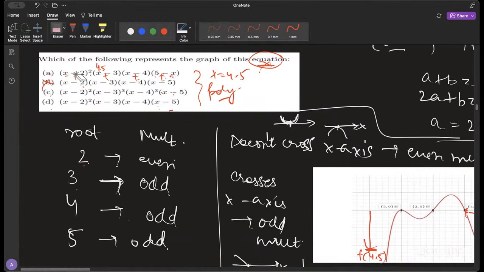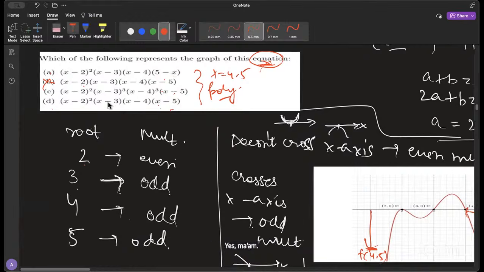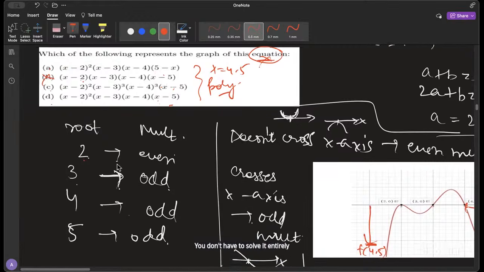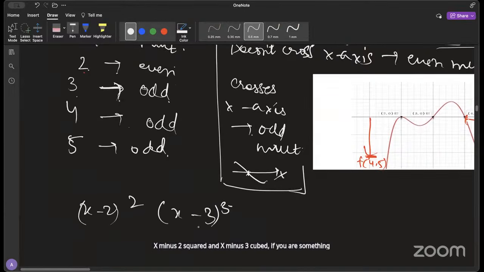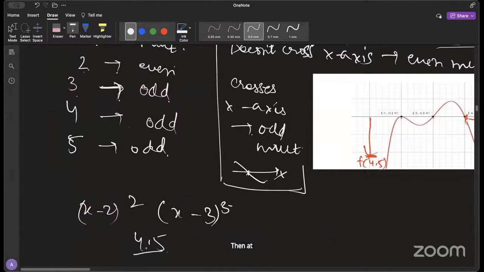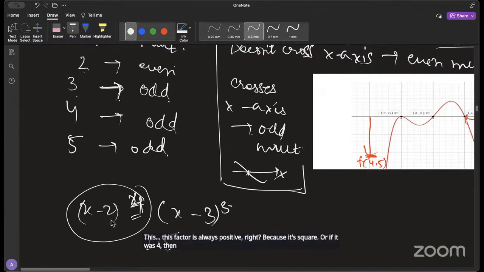It is wrong. How do you check whether the value is positive or negative? You just put in x; you don't have to solve it entirely. If it's x minus 2 squared and x minus 3 cubed, and you have to check at, let's say, 2.5, this factor is always positive because it's a square.